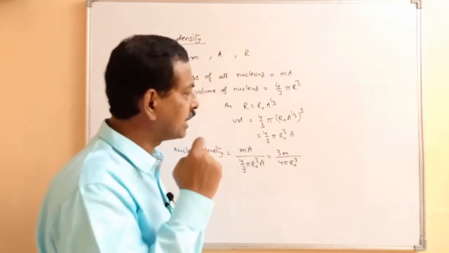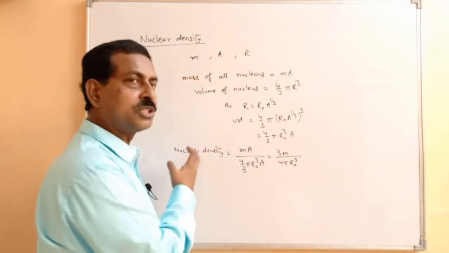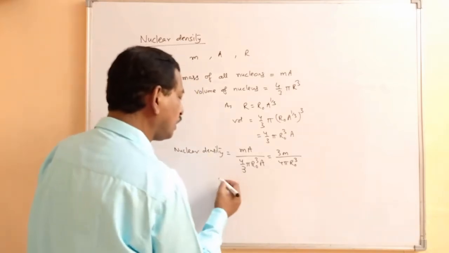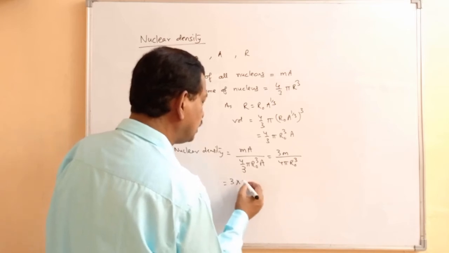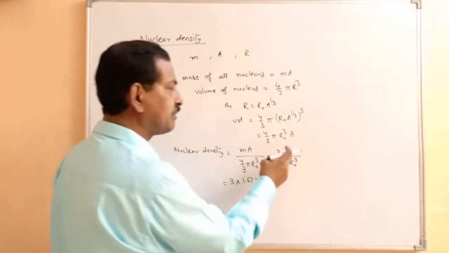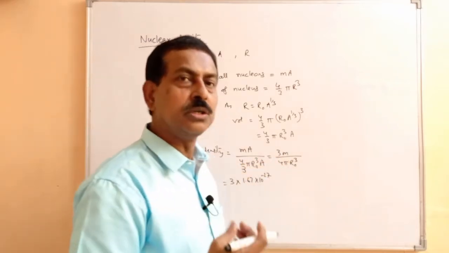But just for a case, if you want to see what value we get for this nuclear density, if you just substitute the values, how much will it be? 3 into 1.67 into 10 to the power minus 27, the mass of a nucleon. That means you are taking the mass of the proton or neutron.